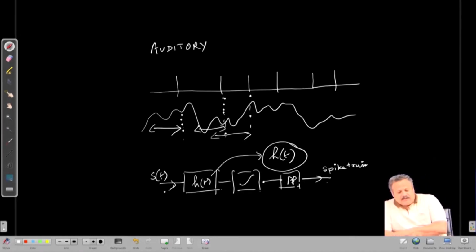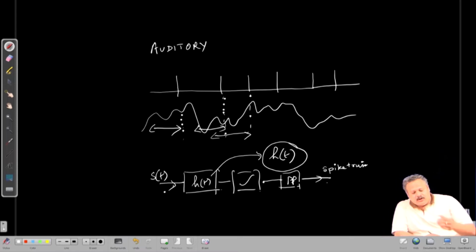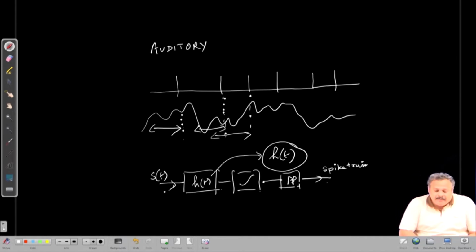Definitely this kind of a linear description is not entirely correct. If we are talking about the auditory system, as we go higher up in the auditory pathway, these models fail more and more. However, even though they fail, they have some description of the system.